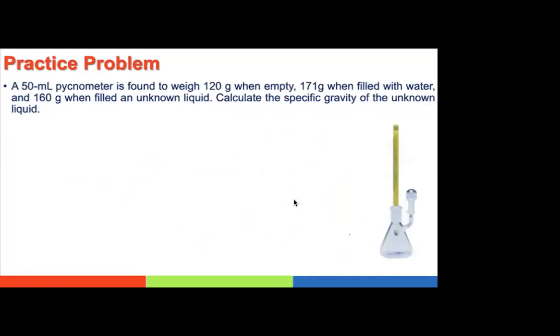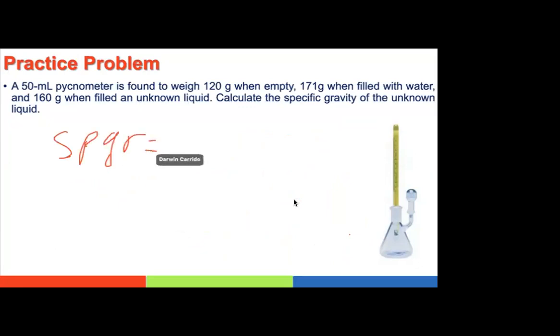Okay, another computation using a pycnometer. What is the specific gravity? For this problem, a 50 mL pycnometer is found to weigh 120 grams when empty, 171 grams when filled with water, and 160 grams when filled with an unknown liquid. Calculate the specific gravity of the unknown liquid. What again is the formula?